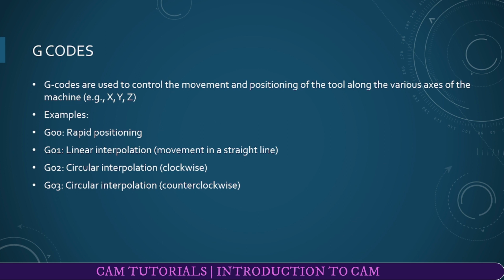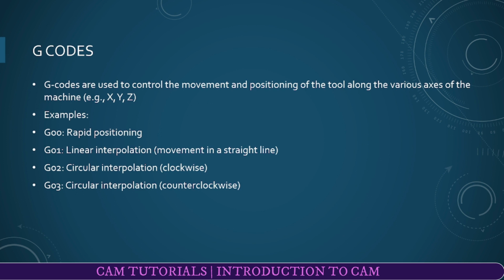Then I will use G02. My tool's initial position is X0, Y0, so if I move to X10 and Y10, I will give X10, then Y10, and the radius of that, which is 10.